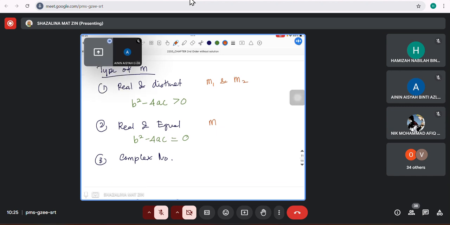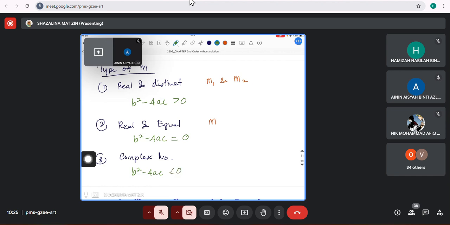The last one is b squared minus 4ac less than 0, meaning a negative number, whereas just now it was greater than 0 and equal to 0. So we have m, when you apply it to your calculator: m1, alpha plus beta i, and m2, alpha minus beta i.